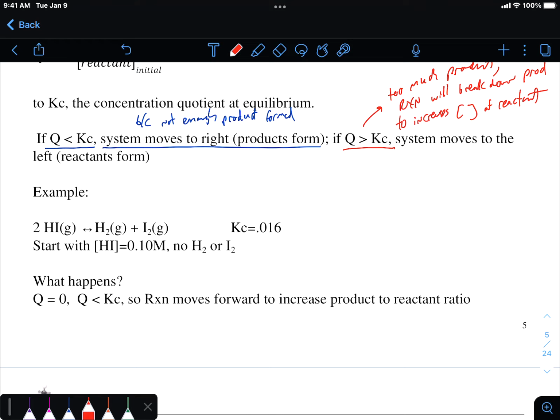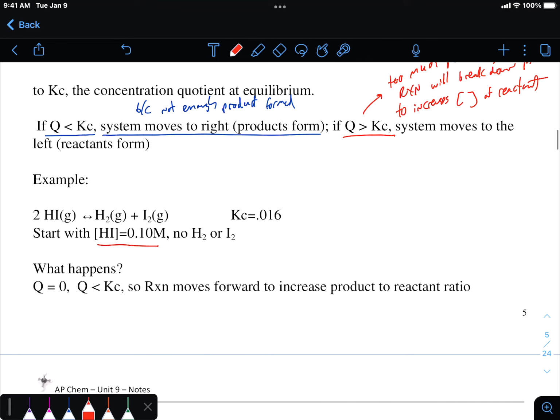Okay, so in this reaction here, I'm starting with an initial concentration of HI of 0.1, and there is no hydrogen, there's no iodine. Which direction is this reaction going to go? If there's no product, in order for equilibrium to be established, you need both reactants and products.